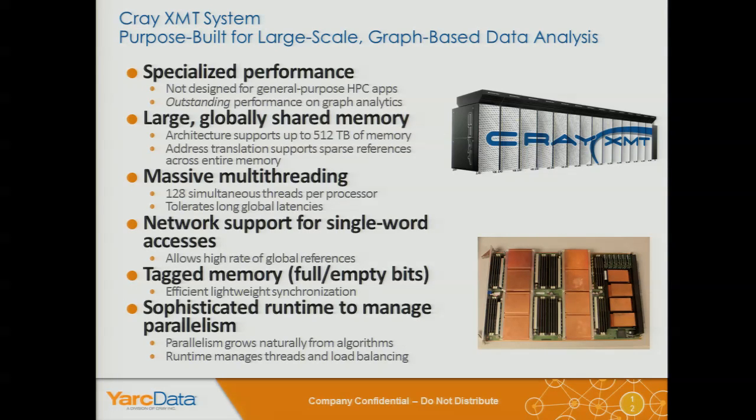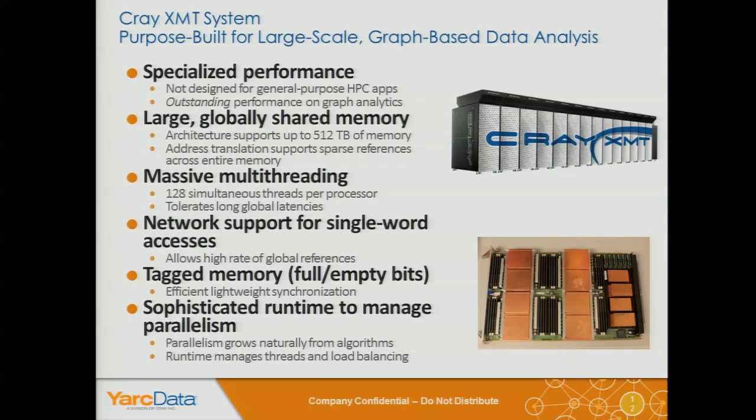It's massively multi-threaded. I'll describe the architecture of the processor later, but this is used both for parallelism in your algorithm and also for tolerating the global latencies of going across the machine. We have support for single word access and synchronization on a memory word by memory word basis, which is very important for supporting that large degree of parallelism.